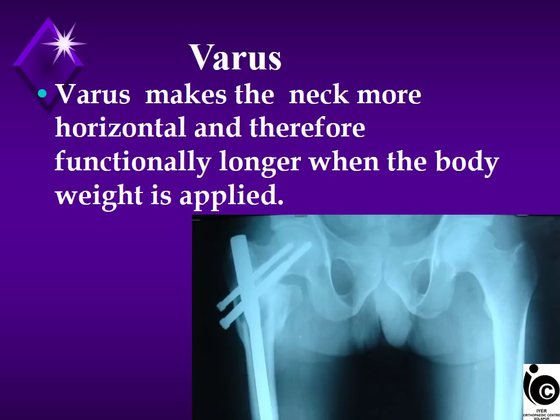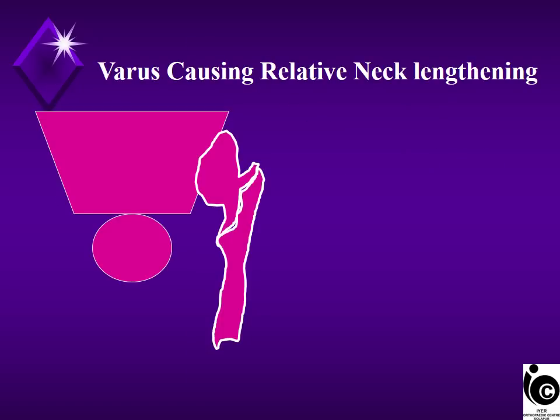Varus of the neck makes the neck horizontal, and hence the length of the screw required will be longer, as well as the body weight is applied more on the varus position, so the fracture normally doesn't unite. The implant either cuts out superiorly or backs out from the side. However, varus can cause relative neck length lengthening.